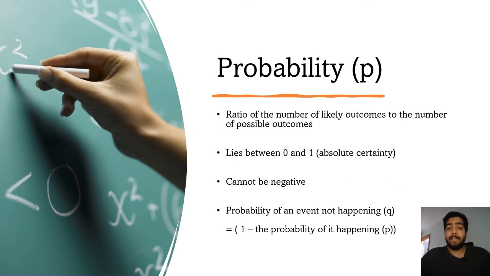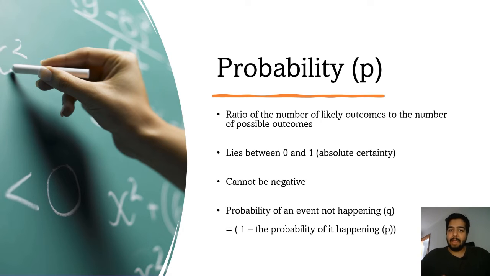Let's talk about probability now, which is one of the important foundational concepts that you need to keep in mind when you start reading about statistics. Probability is the ratio of the number of likely outcomes to the number of all possible outcomes. Probability always lies between 0 and 1. 0 is absolutely zero possibility of an event happening, and 1 is absolute certainty about an event happening.